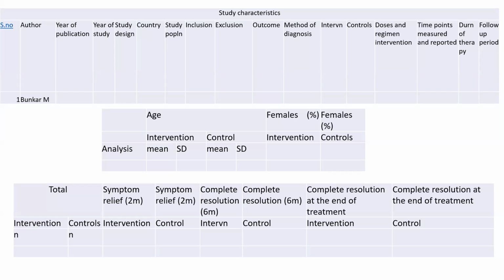That is an important part. Another important point for data extraction is that you can copy and paste certain sections from the article into the relevant cells. If there is too much text, say in the inclusion or a long list of exclusion criteria, you can copy and paste those sections from the article into the cells of your data extraction sheet.